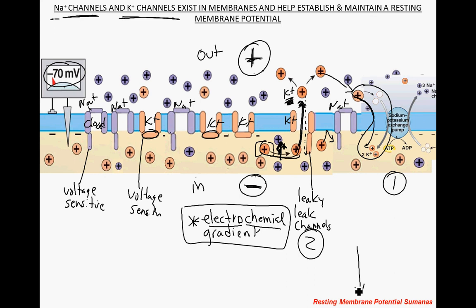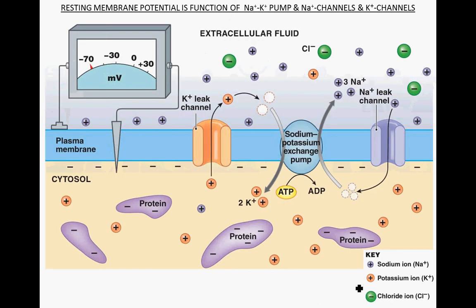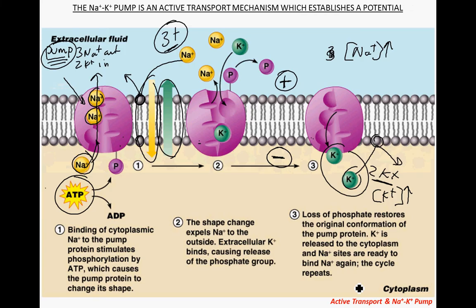So again, how the resting membrane potential comes into play is that we have the sodium-potassium pump moving 3 sodium out, 2 potassium in. That creates this difference.